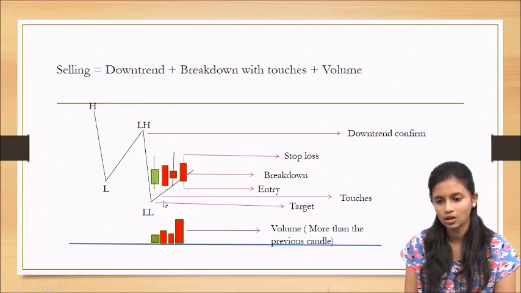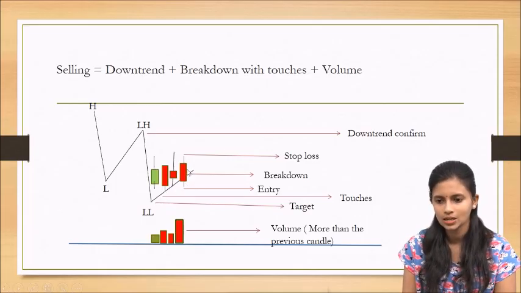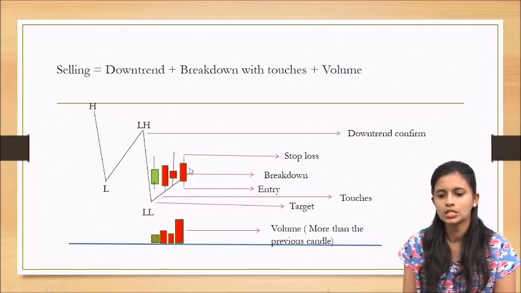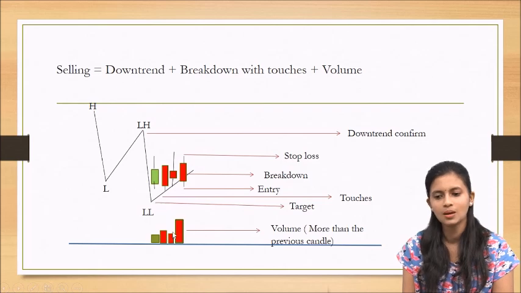Now if I draw a trend line a little more, and I don't get the breakout here, then you have to see that the touches are far apart in 3 different positions. So this is a breakdown candle. This breakdown candle should also have adequate volume, that is, the volume of this candle should be more than the volume of the previous candle.